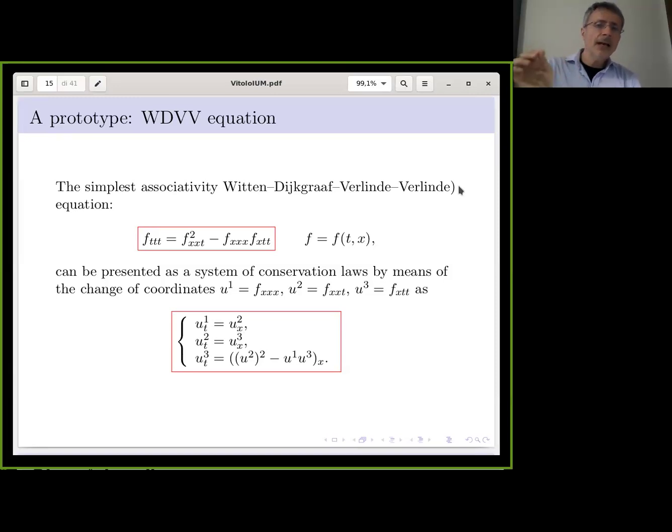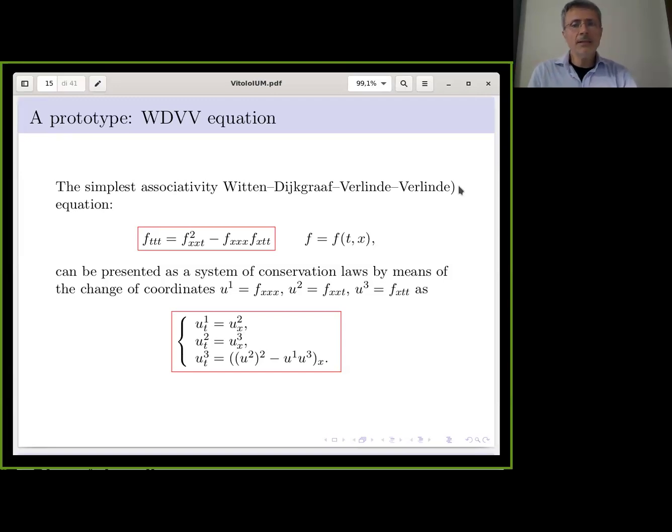So you select one independent variable and consider all derivative coordinates which contain at least one derivative with respect to that selected independent variable, which is x in this case. And then you consider all the compatibility conditions, so cross derivatives basically of these variables. And you come to evolutionary systems.